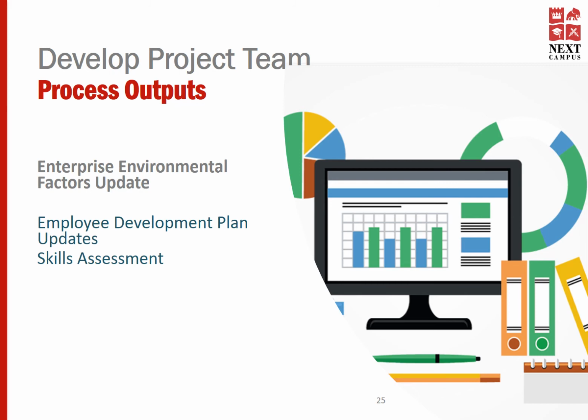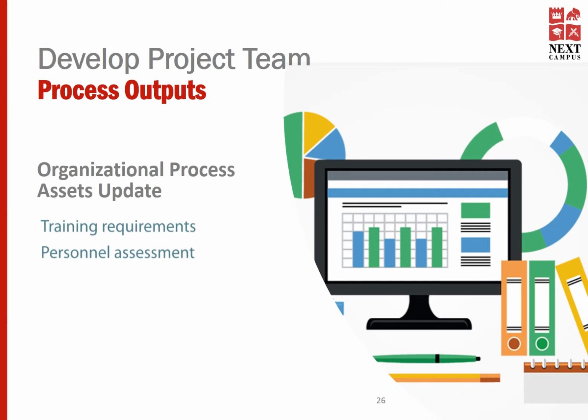Based on what has happened during the develop project team process, do update the employee development plan. If there are any improvements that have to happen in certain employees, that needs to be reflected in this document. Also, do a skill assessment at the end of the develop project team process. As and when any change occurs, do update these documents.